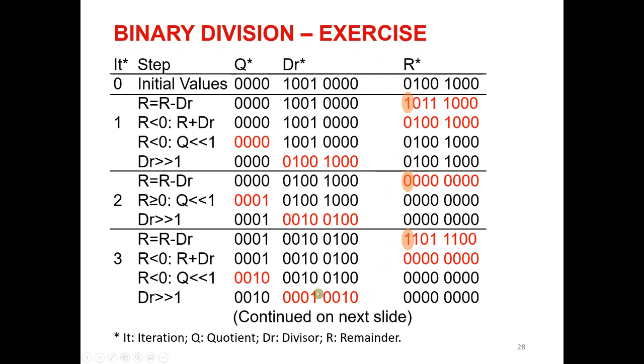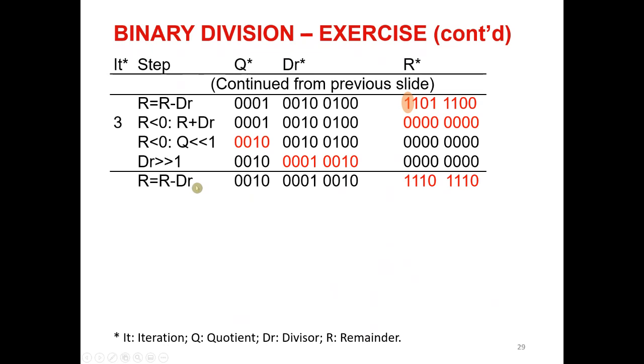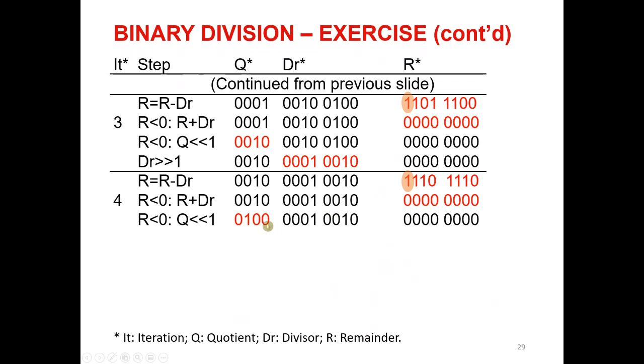Okay, this is the step we have just done. Then the fourth iteration is the same. We subtract the divisor from the remainder. The value is negative, so we undo this operation by adding the divisor again, which gives us the same values that we had initially. We then shift left the quotient and add a 0 in the rightmost significant bit.